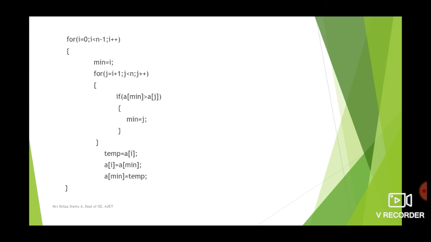So say the minimum element we have currently is 10. Now the element being compared to is 2. If 10 and 2 are being compared, we know that 10 is greater than 2. So in that case we should take 2 as the minimum element. So what is the index of the minimum element? Minimum will be j, because that jth element we found to be smaller than the element we took as minimum. So minimum is equal to j.